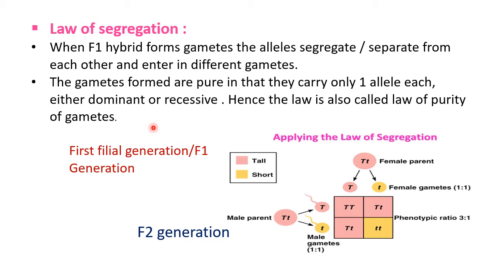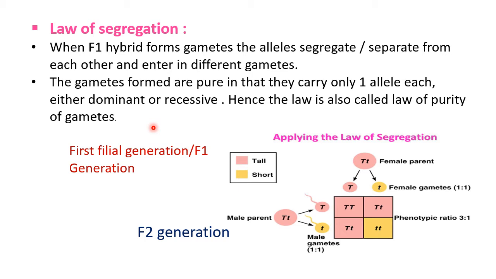We can understand the law of segregation or law of purity of gametes with the help of a cross between a tall pea plant and a dwarf pea plant. Here we see a pure tall pea plant with genotype capital T crossed with a pure dwarf pea plant with genotype small t.